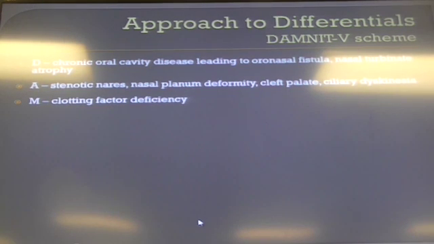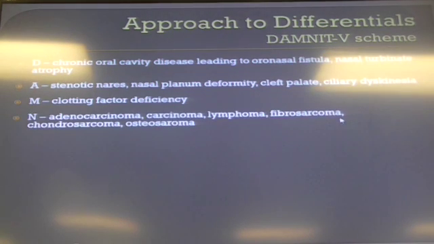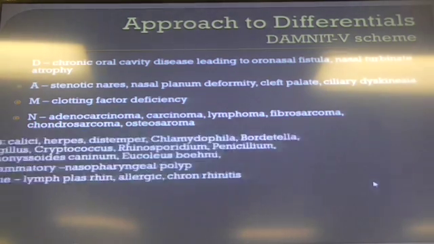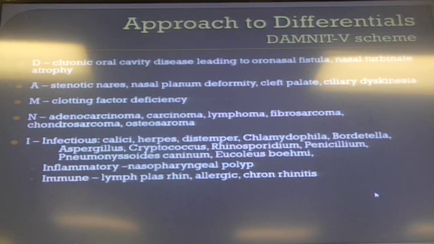Metabolic and bleeding factors. So anything that could lead to that. So that would include conditions that could cause DIC, but anything that could cause coagulopathy or platelet dysfunction. Neoplasia. And think about all the tissue types that are in the nose. It has a lot.